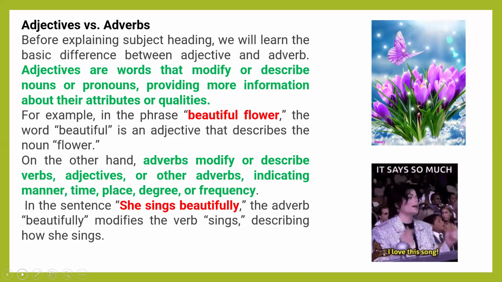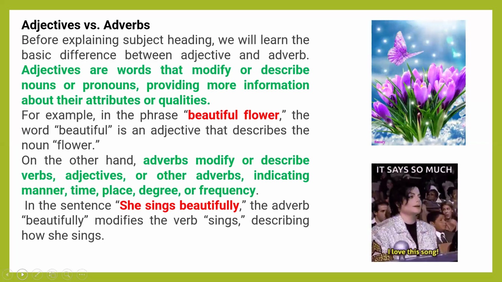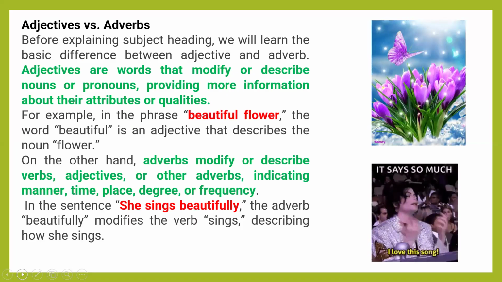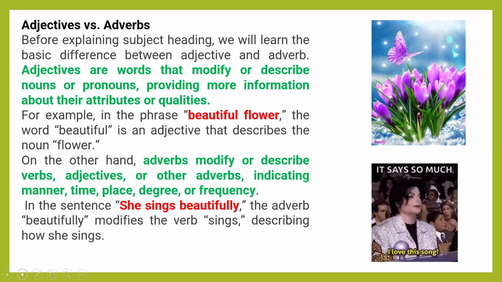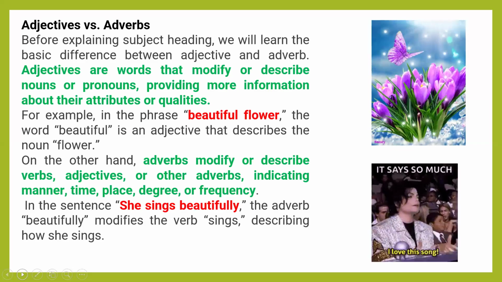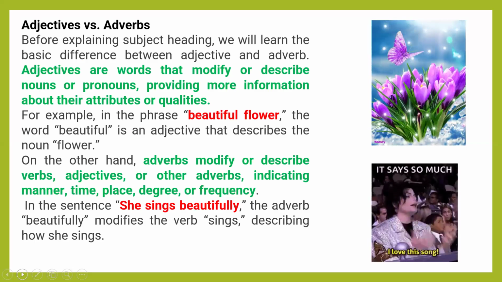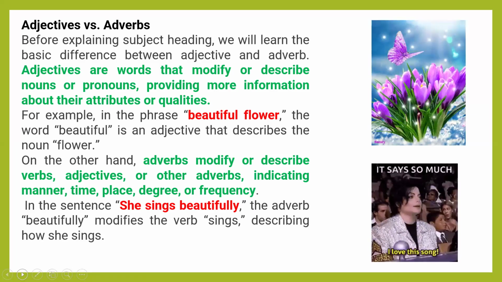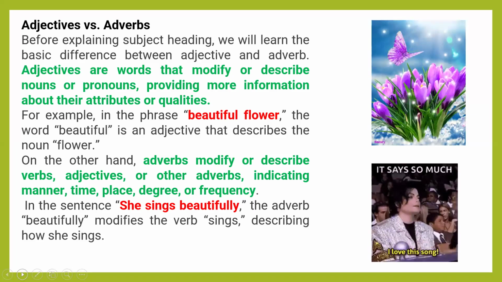On the other hand, in the sentence, she sings beautifully, beautifully modifies the verb sings, describing how she sings. So in this case, beautifully is an adverb. Adjectives are words that modify or describe nouns or pronouns, providing more information about their qualities and attributes.